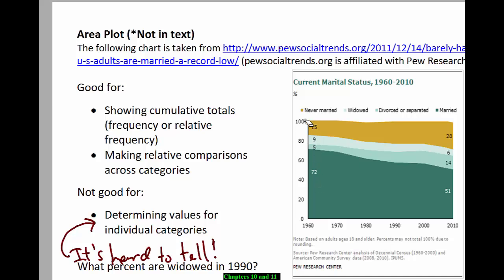So why do these numbers add to 101 and why do these numbers add to 99? This is due to rounding. When they rounded the values for the individual categories, they left them where they were. They didn't fudge one category up or down just to make their numbers add up to 100. And this is very common in pie charts, bar graphs, any graphical display where you're using percentages.